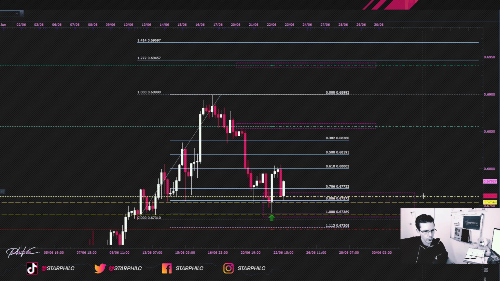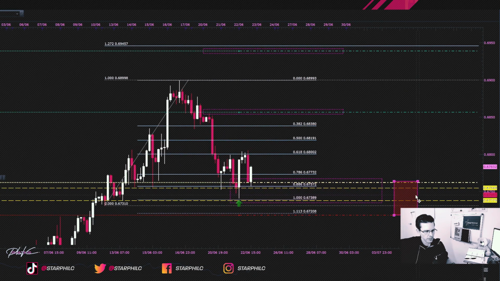So there's lots of yellow here. Just trying to do this for you so you can visually see. So here's my risk, right? Copy and paste. And here is my target. We'll make that green for targets.